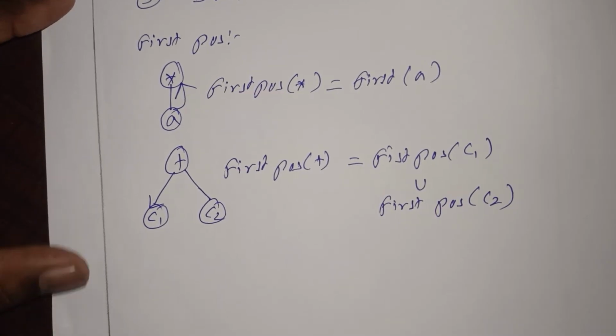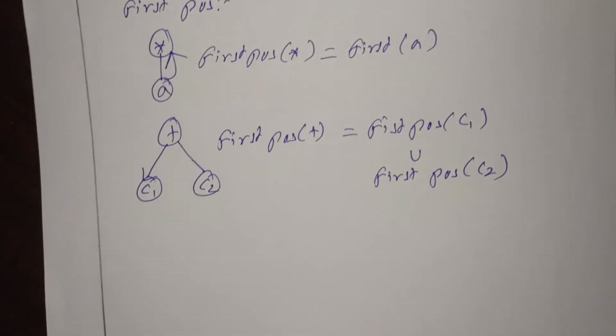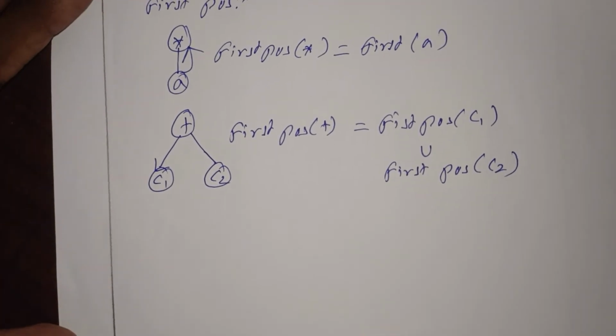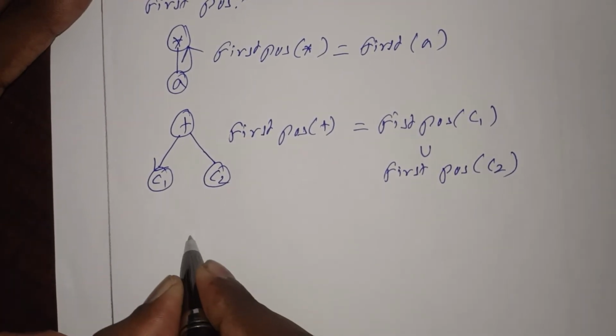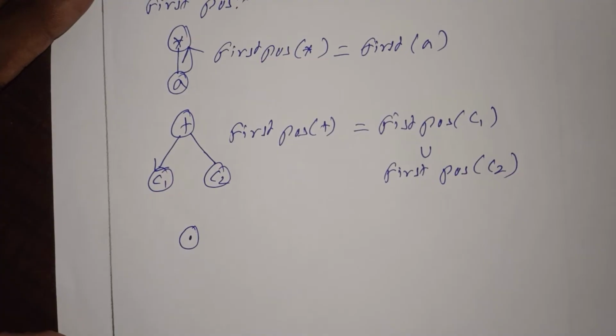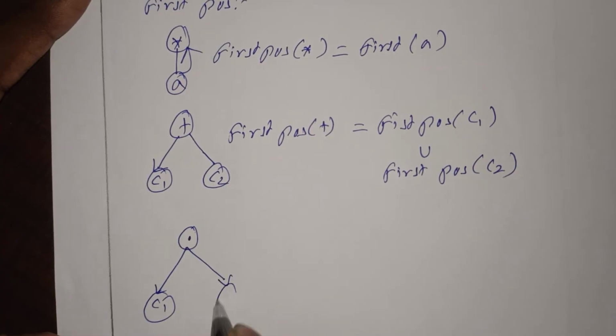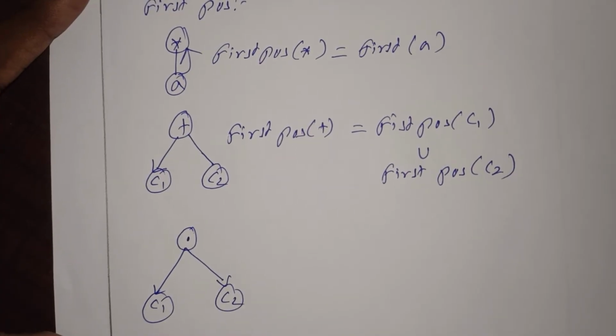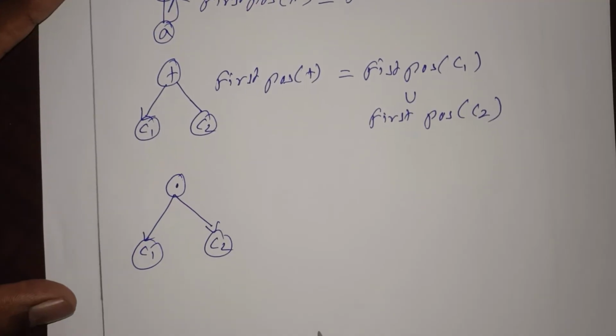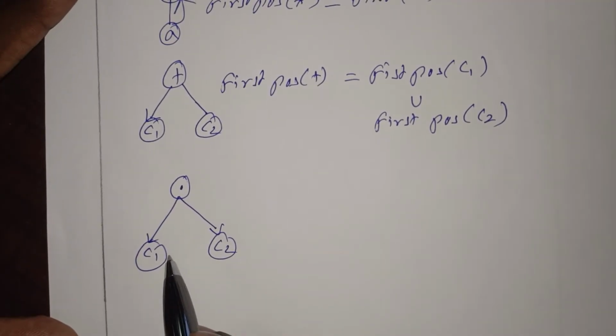You all know about this very well because we are continuously working on this DFA topic. Let me take you to the dot. This is the basic you have to know, and how the procedure works for the same kind of nodes, C1 and C2. The same process, but the approach is different. We are going to apply the same procedure to find the DFA from the regular expression using the direct method.